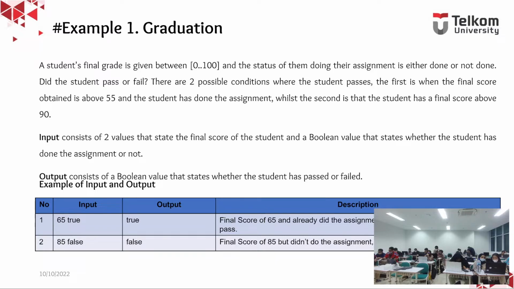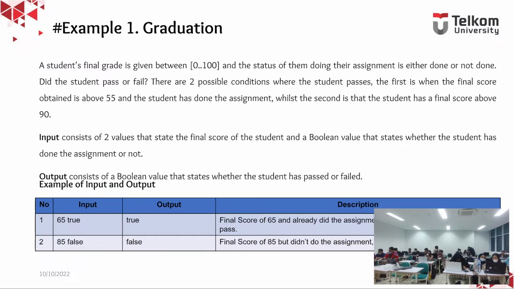Okay, and then this is the input. The input consists of two values. The first one is the final score, and the second one is a Boolean value that represents the assignment status. And then the output is a Boolean value that states whether the student has passed or failed.